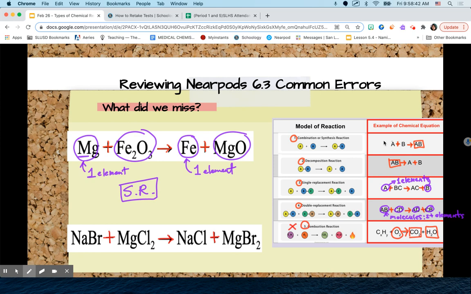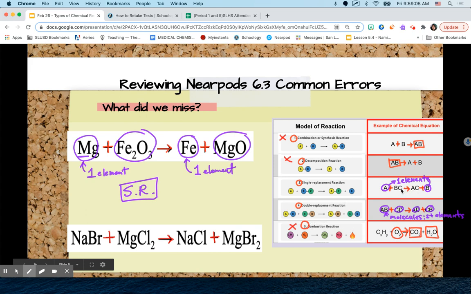Combination or synthesis, and decomposition only have one plus sign, either before or after the arrow. So it can't be this one, and it can't be this one. Since I see two plus signs, it's got to be this one or this one.